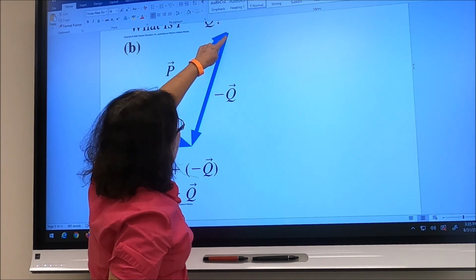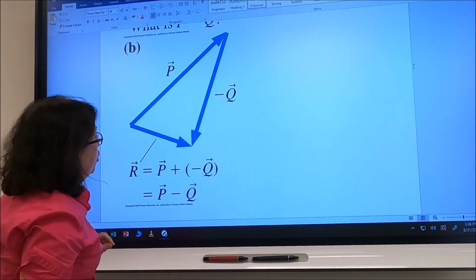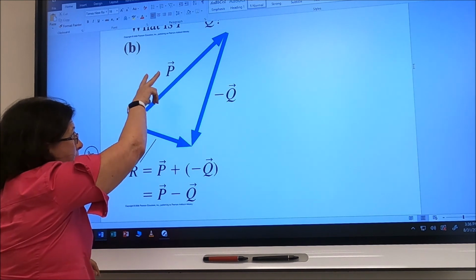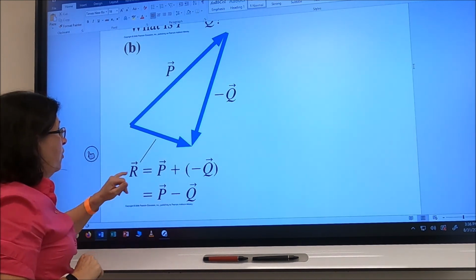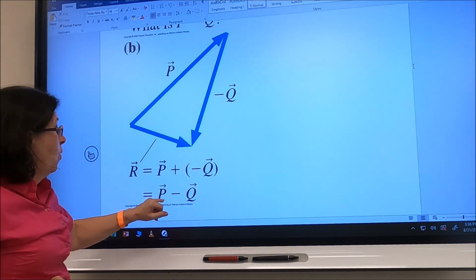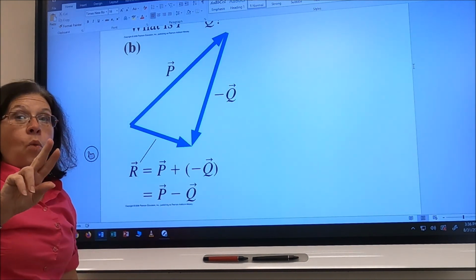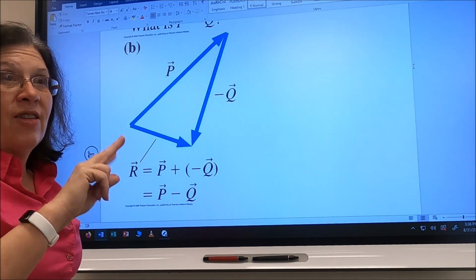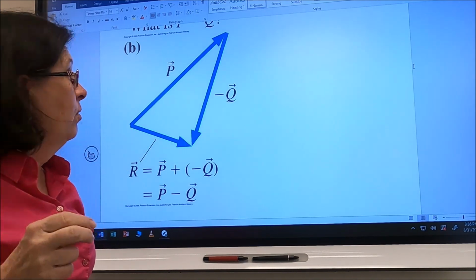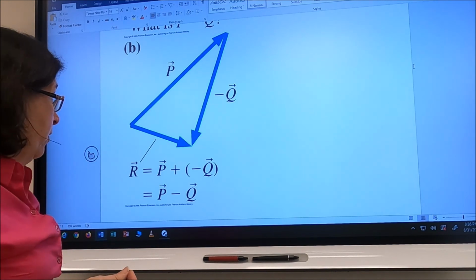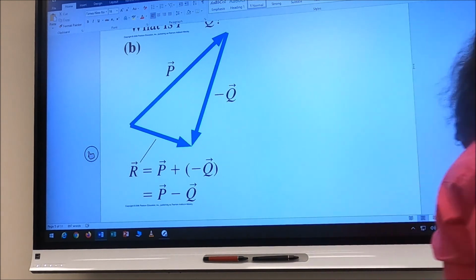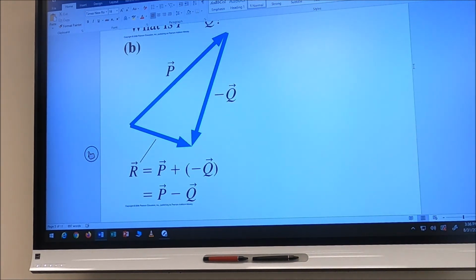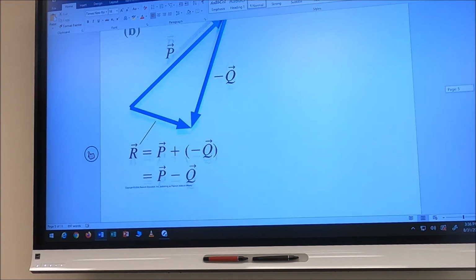So if I drew q in that way, now I've drawn q in the opposite direction. It has the same magnitude as q. The original q just points in the opposite direction. And there's p plus or minus q, or p minus q. Whereas when we're doing addition, it doesn't matter which order we add in. When we're doing subtraction, it does. Q minus p will not equal p minus q. All right. Let's keep moving down.